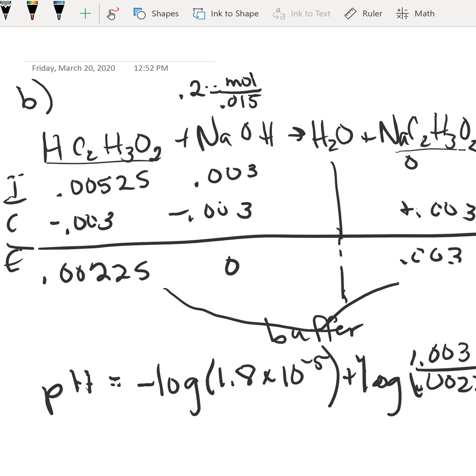So negative log of 1.8 times 10 to the negative fifth plus the log of 0.003 divided by 0.00225. So I got a pH of 4.870.